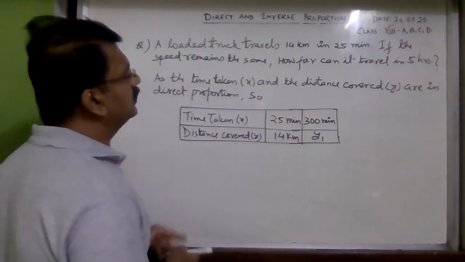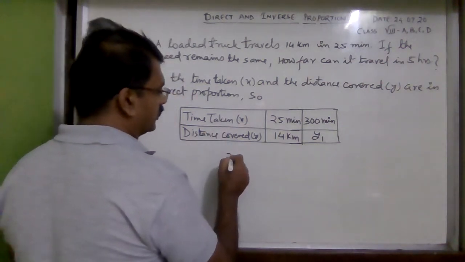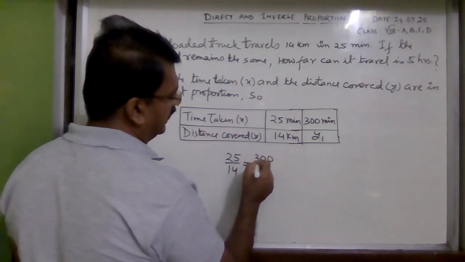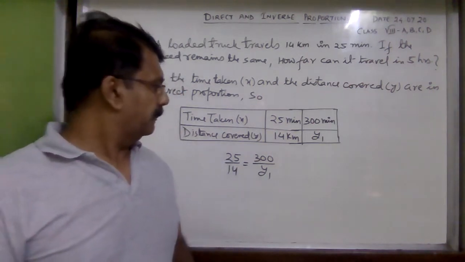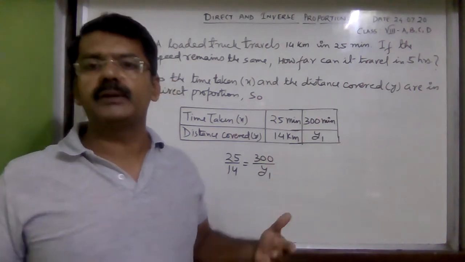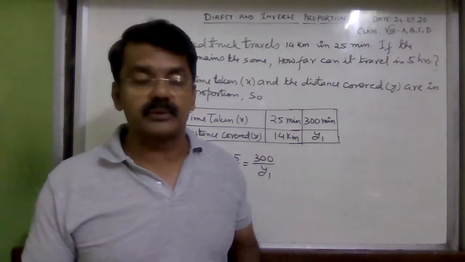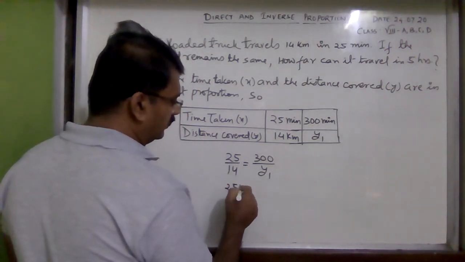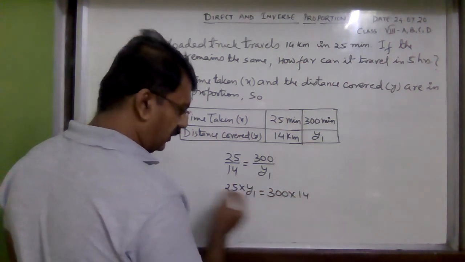Now as I told you, these two quantities x and y are in direct proportion. So 25 by 14 is equal to 300 upon y1. I told you when two quantities are in direct proportion, then x1 upon y1 is equal to x2 upon y2. When two quantities are in inverse proportion, then x1 into y1 is equal to x2 into y2. Here 25 into y1 is equal to 300 into 14, cross multiplying.